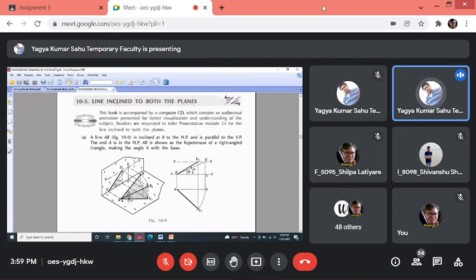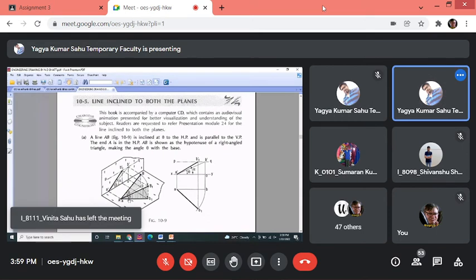Length of small AB and AB1, you can see in this figure. Both are same or different? Same, sir.